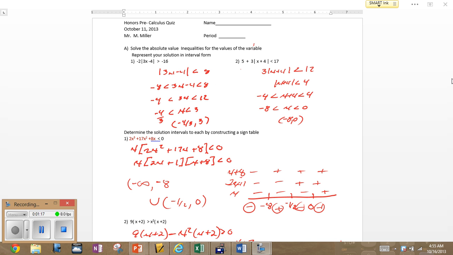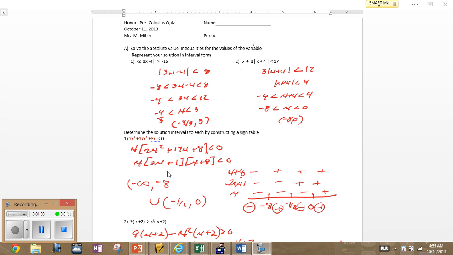the subsequent problems here. First one, we have to build a sign table to determine when this polynomial expression is less than 0. So we factor first by pulling out an x, and then factoring the remaining trinomial as shown here.